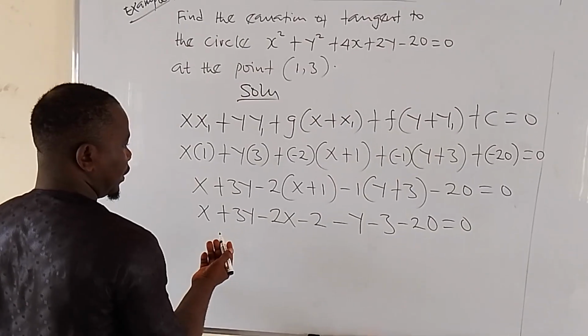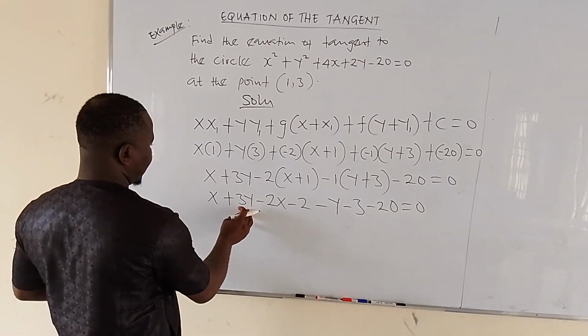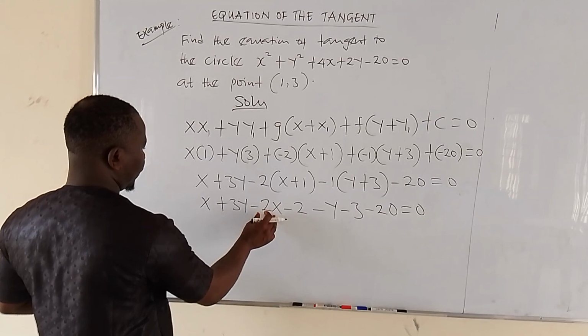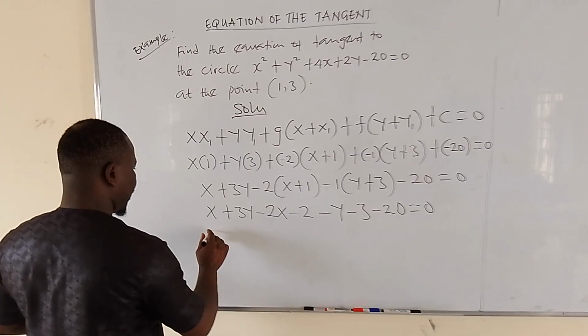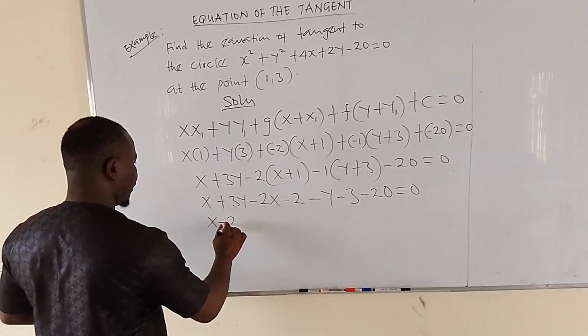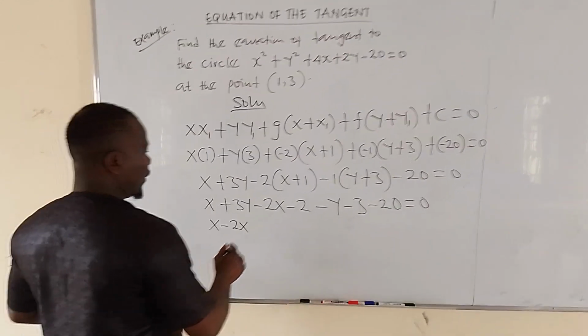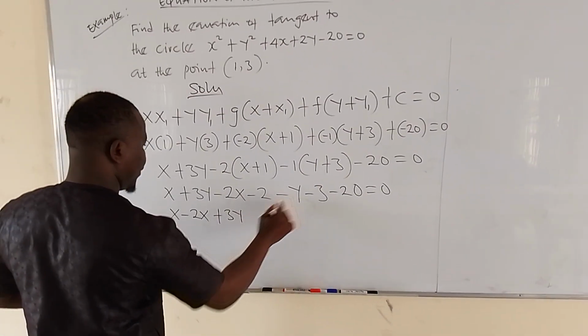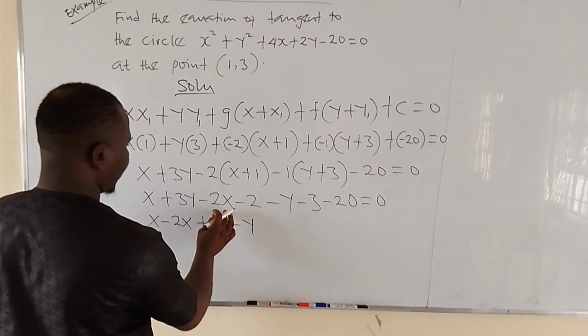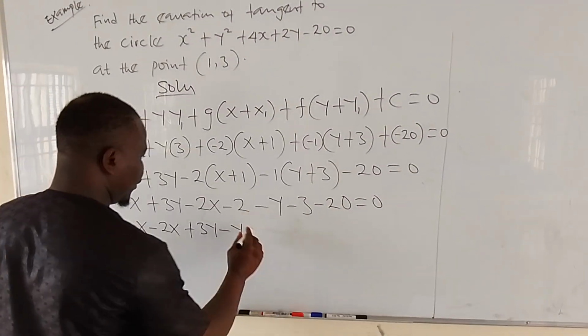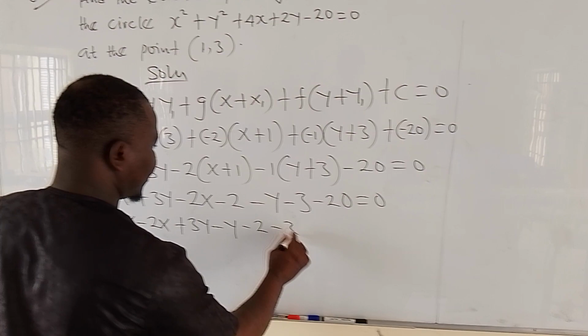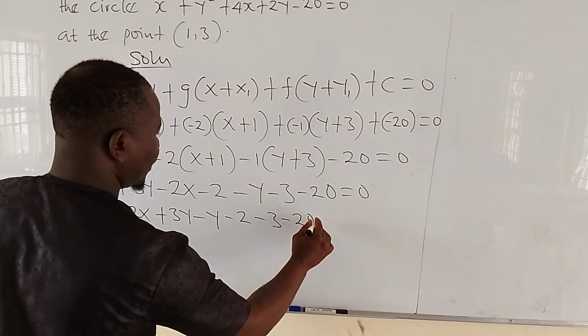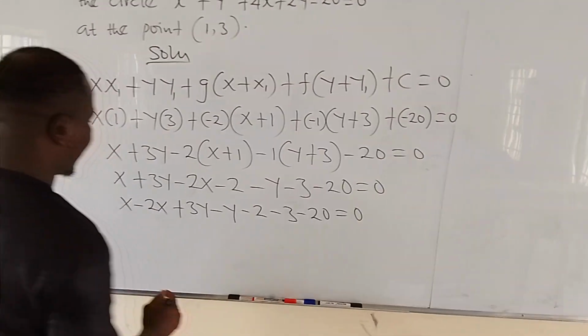This is how it will be: x minus 2x, then plus 3y minus y, then minus 2 minus 3 minus 20 equals 0.